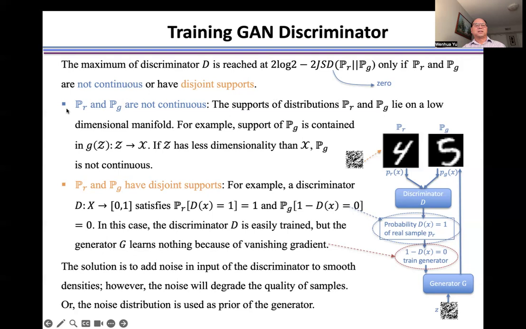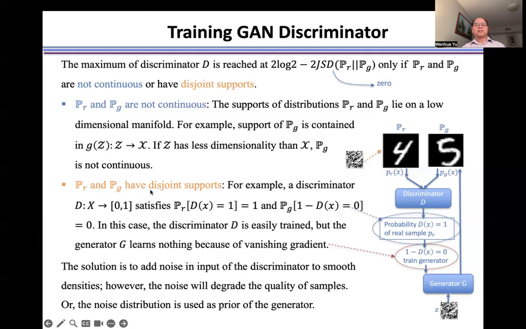First, let's take a look at why PR and PG are not continuous. The support of distributions PR and PG lie on a low-dimensional manifold. For example, support of PG is contained in G(Z). If G(Z) has less dimensionality than X, PG is not continuous.